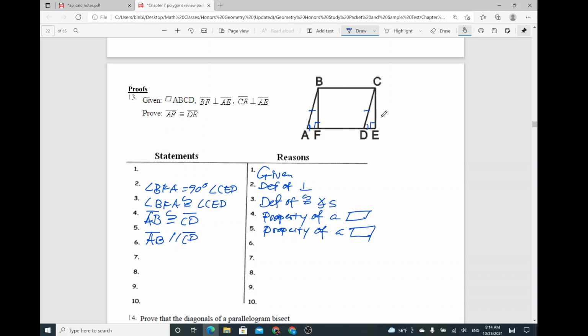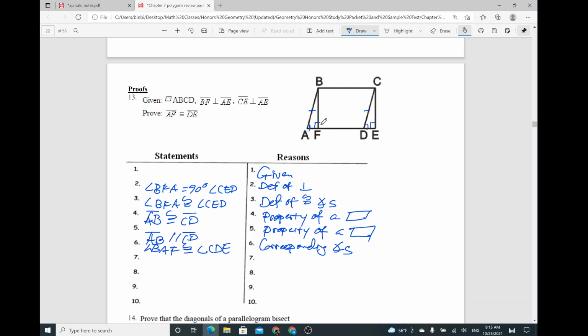If those two line segments are parallel, we know that segment AE is a transversal. Therefore angle BAF is congruent to angle CDE. If two line segments are parallel, what happens with the corresponding angles? Definition of corresponding angle.